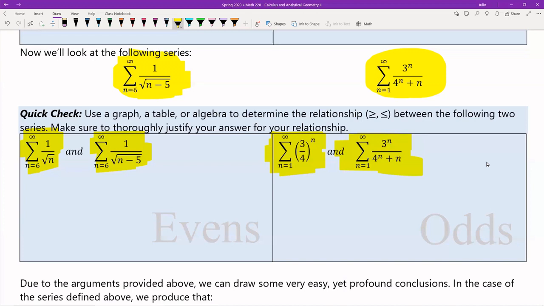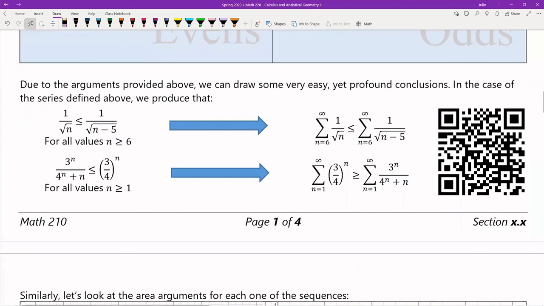All right, and we're back. Now that you've argued the relationship between these 2, I'm going to give you the answer. Hopefully you've figured out that for the evens, 1 over root n is less than 1 over root n minus 5 for all values greater than 6.